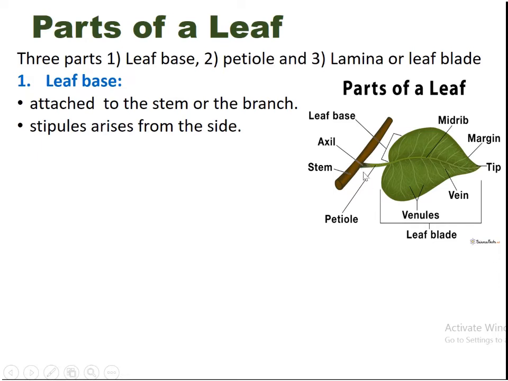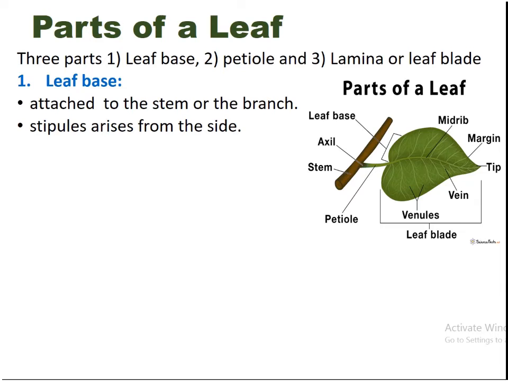Stipules are the leaflets, the smaller leaves. In some plants, the stipules are leaf-like growths that arise from this leaf base, and usually these stipules are noticed at the leaf base of the pea plant.